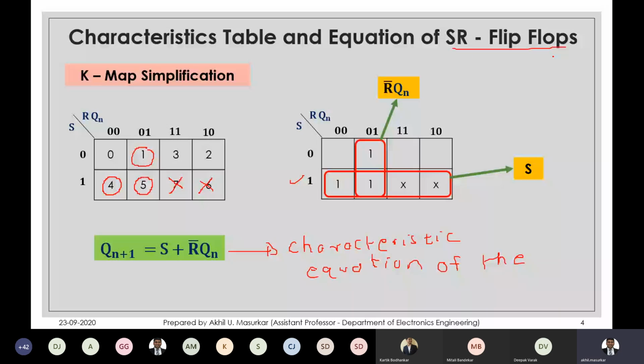SR flip flop. This is the characteristic equation of the SR flip flop. So please write this. Once you have done this, write K map done.